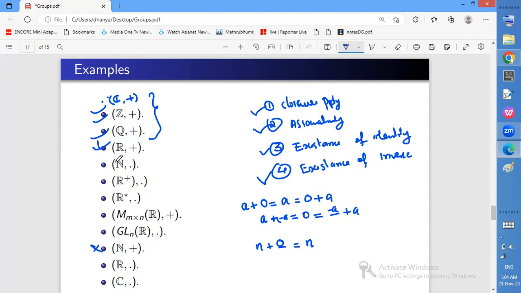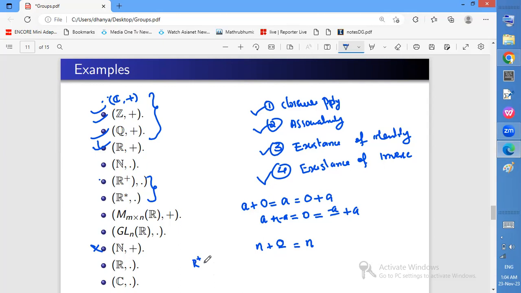Okay, now we may consider the operation multiplication. First, I may consider these two cases. The first one is R plus under multiplication and the second one is R star under multiplication. What is R plus?